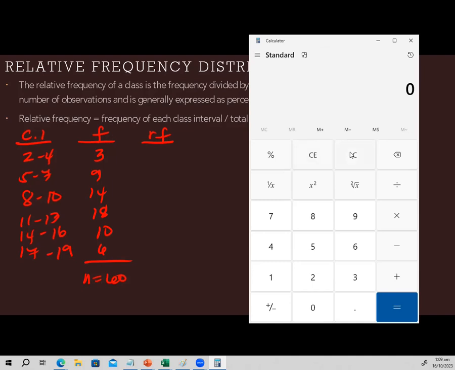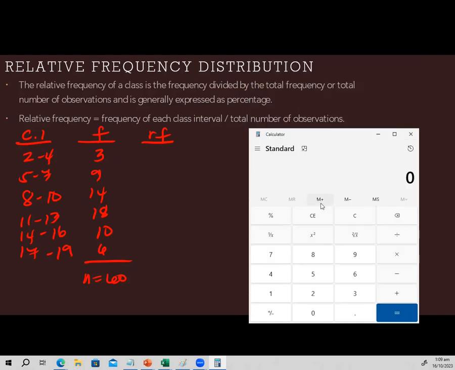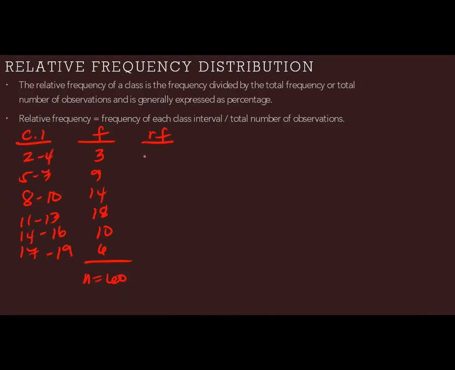In finding the relative frequency, we have 3, 9, 14, 18, 10, 6, a total of 60 observations. So we have 3 divided by 60.